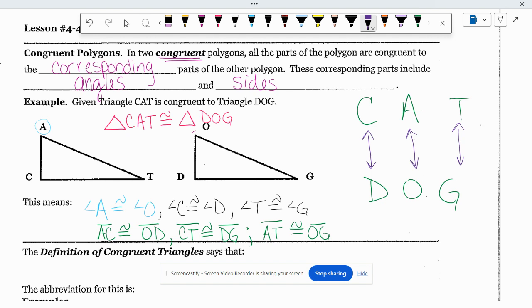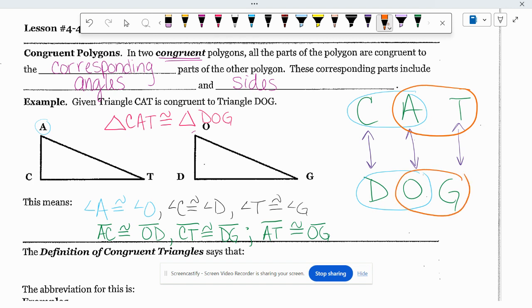The way that it's written? It also means that segment CA corresponds to segment DO. Segment AT corresponds to segment OG. And it means that segment CT corresponds to segment DG. And that's what we wrote.